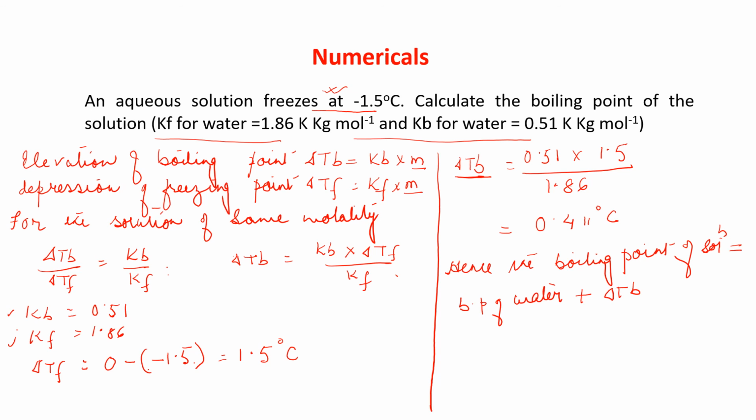This you have to add because it is the elevation in boiling point. So you take the boiling point of water and then add the elevation. So we are getting 100 plus 0.411, so what I am getting is 100.411 degrees centigrade. This is the answer. I think I am clear to you.